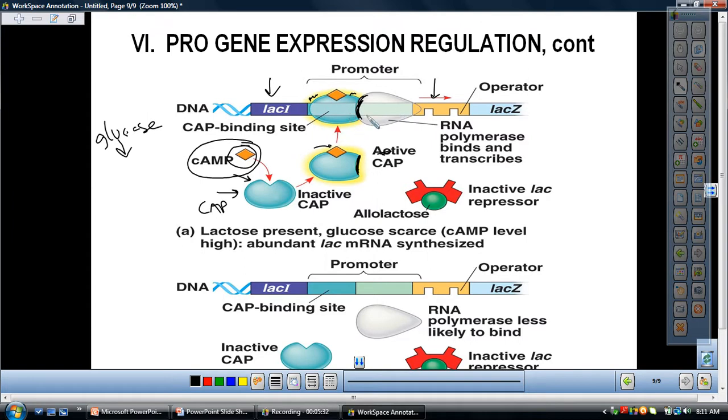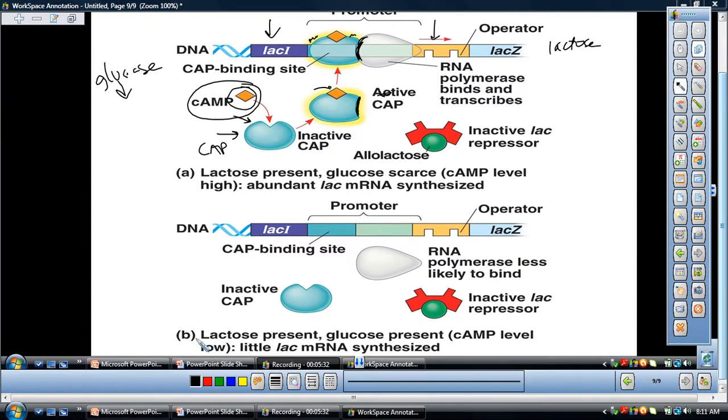Now transcription occurs, and the enzymes needed to metabolize lactose are being made. So that's lactose present, glucose scarce. Look at the bottom diagram. This is lactose present, so both of these have lactose present, but glucose is present, so it's going to be preferred for metabolism.